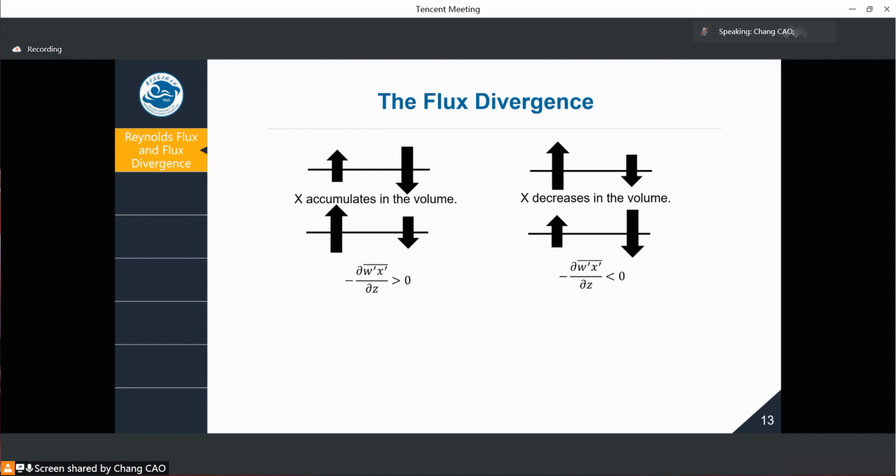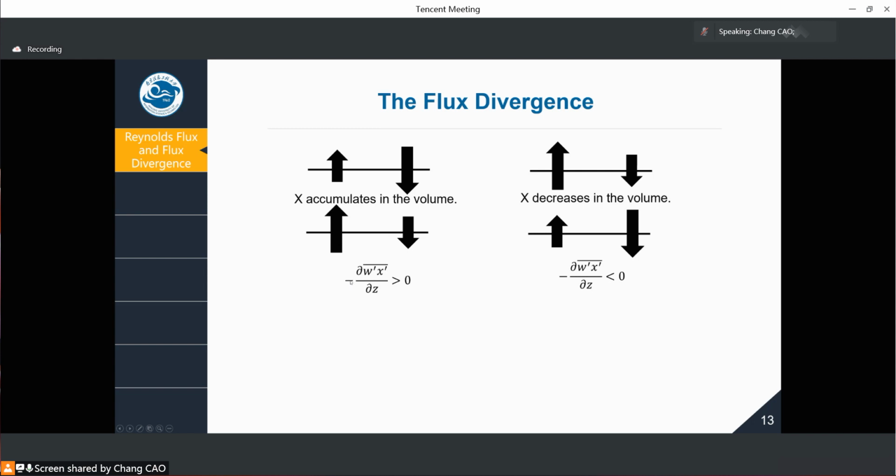And here there are very different signs about this, right? So firstly, this format, the negative or minus z derivative of the covariance between w prime and x prime, is called flux divergence.